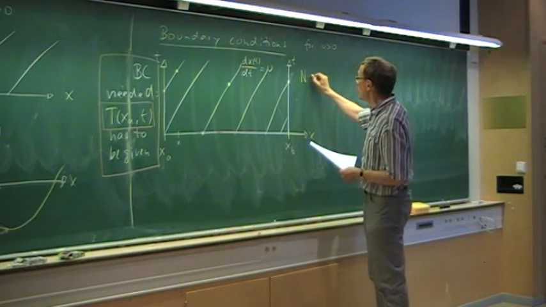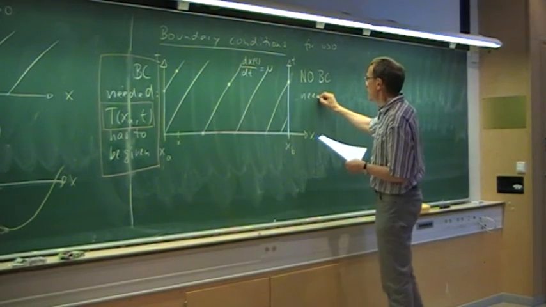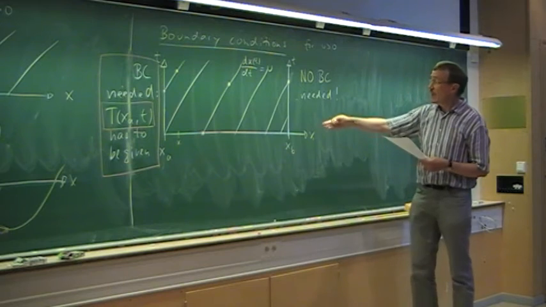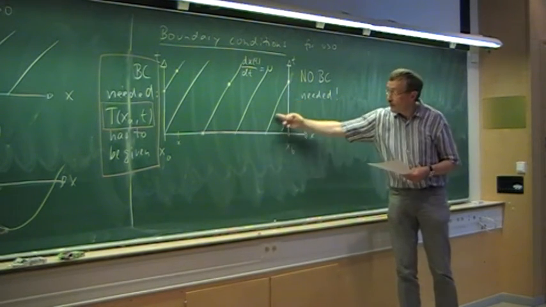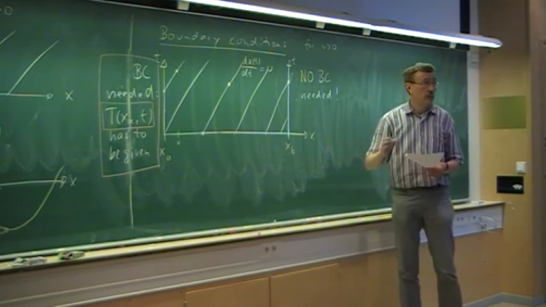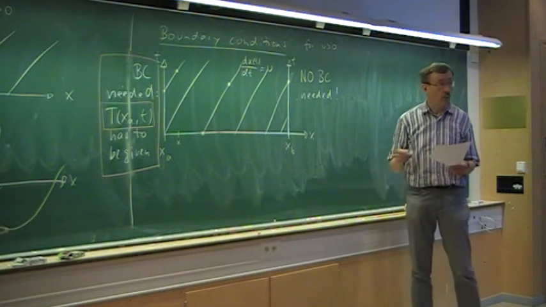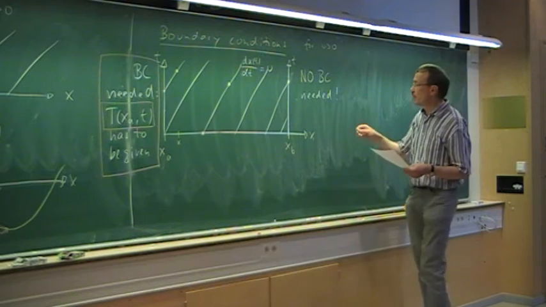So that is very important. No boundary condition is needed. And it should not be given, because if we give a boundary condition here, then it contradicts what is given by the value here, and things will not work. So then we will not have a well-posed problem. So the solution is determined.